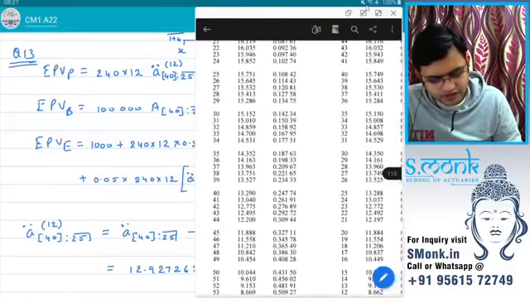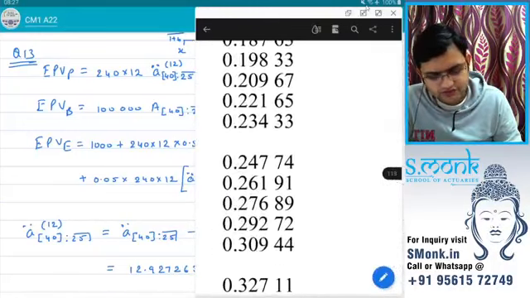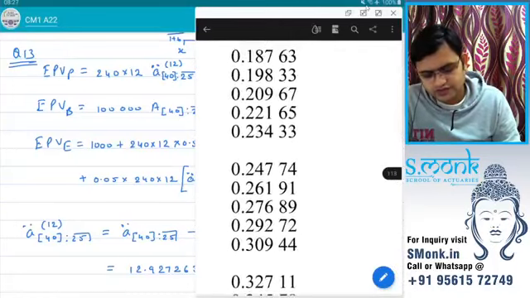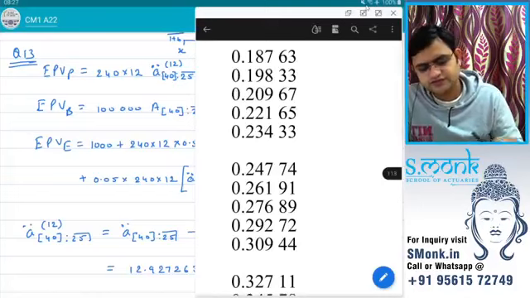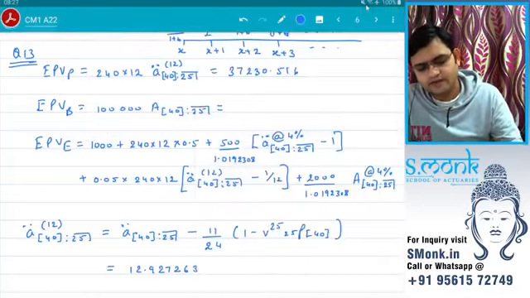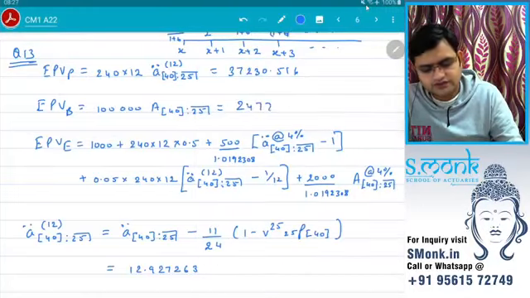Okay, we want the endowment value at 40 and whatever, this is the value. Select value, multiply 100,000, so it is 24774, directly 24774.